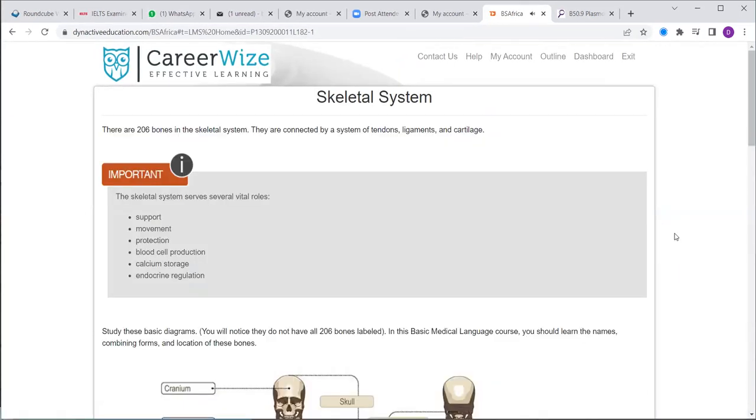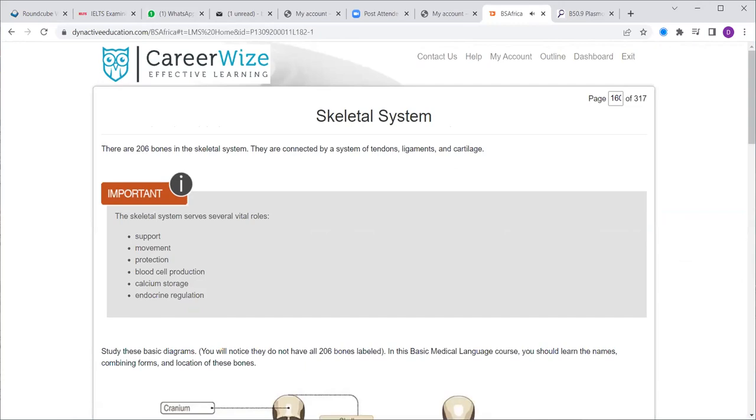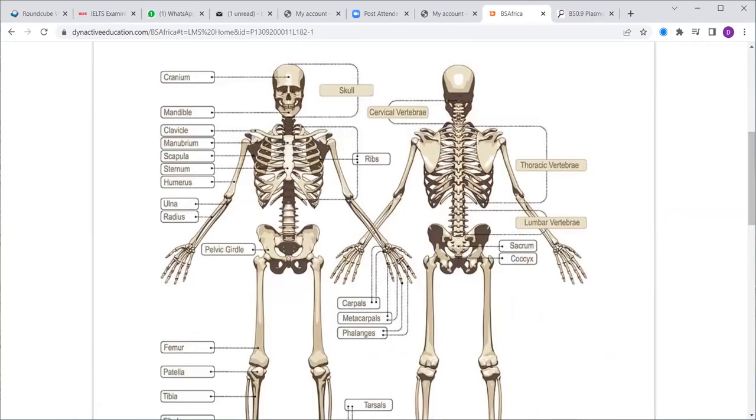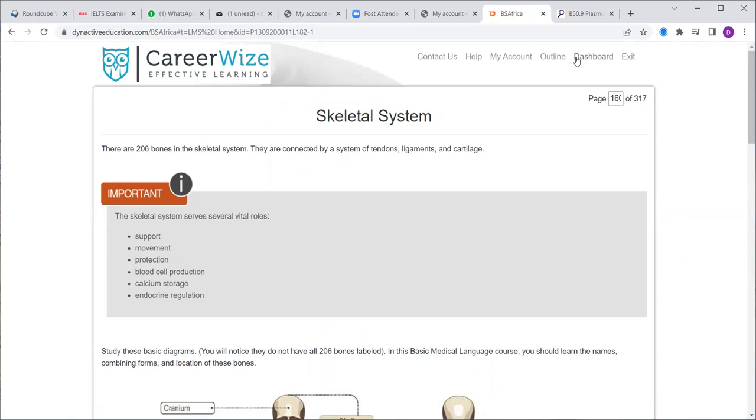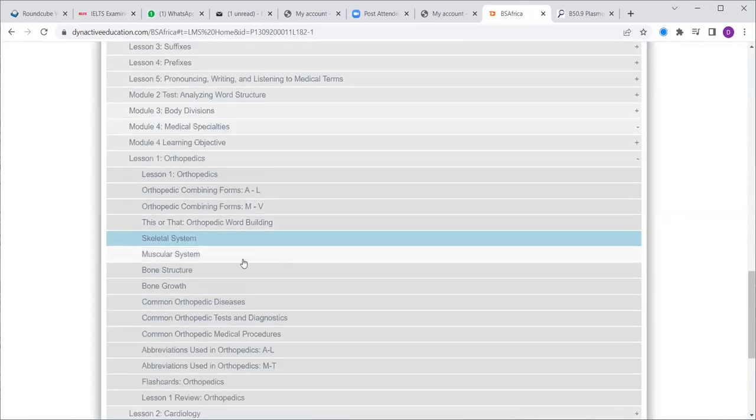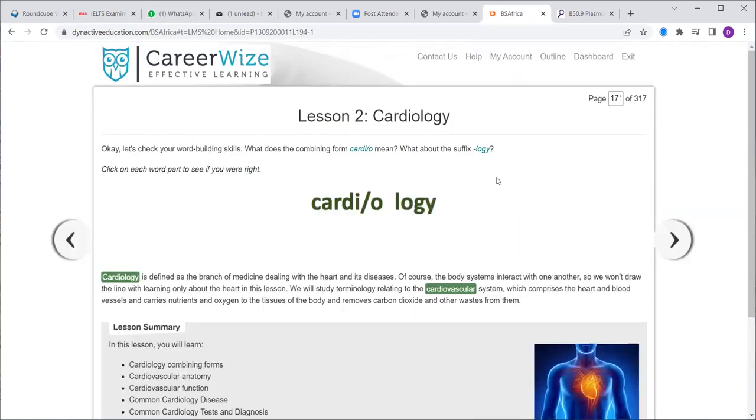Yes. So when you are done with orthopedics, you go to the next medical specialty. You're going to work through all of them one after the other. When you finish orthopedics, the next one is cardiology, the study of the heart and the cardiovascular system.